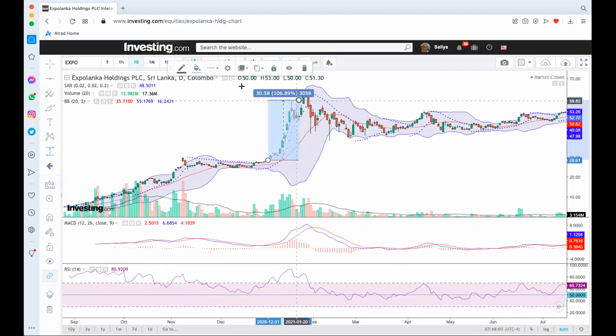Then here it's 106%, and at that point the RSI is at 78. Over here the RSI is 83, and you're talking of 126%.